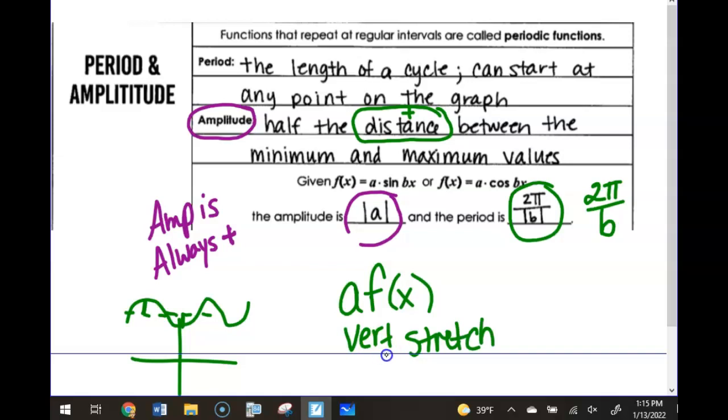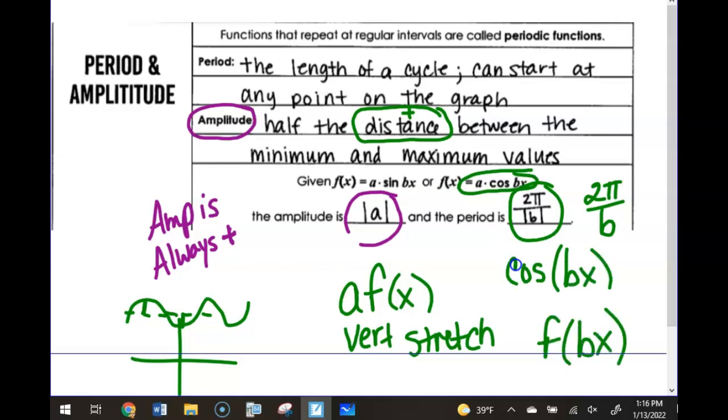Sound right? But do you see where the B is in here? It says cosine bx. What happened when we put the B inside the parenthesis? Do you remember that nightmare? It changed the graph horizontally, and it was the opposite of what it seemed. It was a reciprocal relationship.